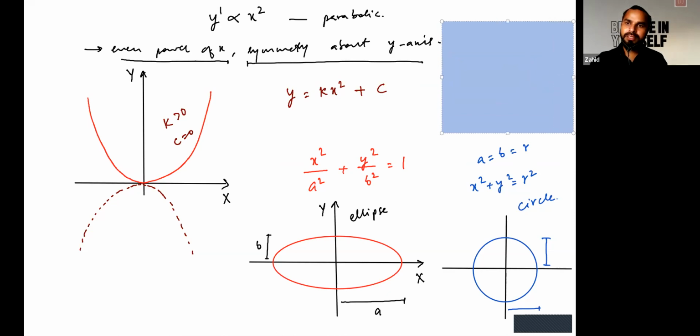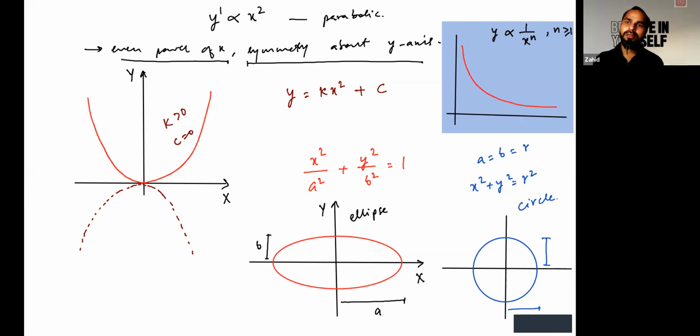If you have an expression like this, y inversely proportional to x to the power n, where n would be any number greater than or equal to 1, the graph of this expression would be called a rectangular hyperbola, and it will be like this and will go like this.